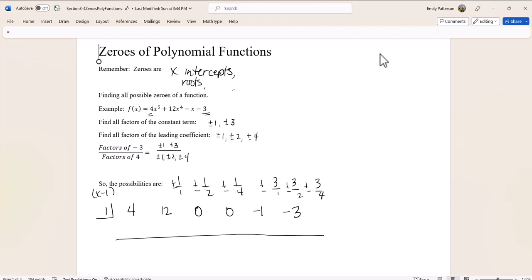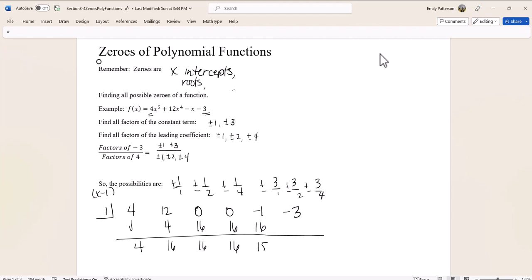So again, remembering the synthetic division, we go down, and then we multiply through. So 1 times 4 is 4. Then I add down. 1 times 16 is 16, and then I add down. 1 times 16 is 16, and then I add down, so I have 15 now.